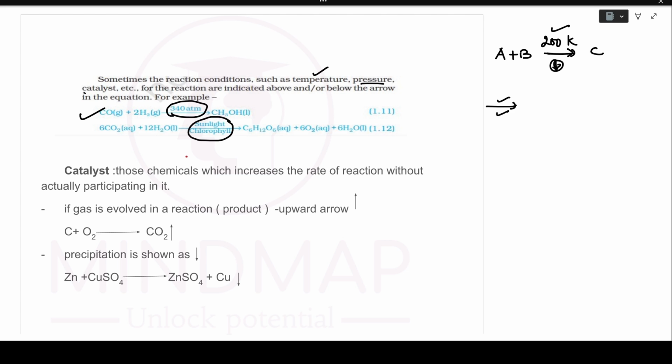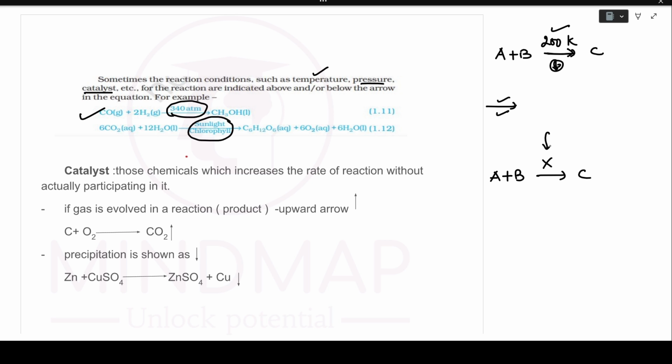Next is catalyst. A catalyst is a kind of chemical. For example, A is reacting with B and you get a product C, and you are using some chemical, say chemical X, to increase the rate of reaction, meaning the time, the speed.